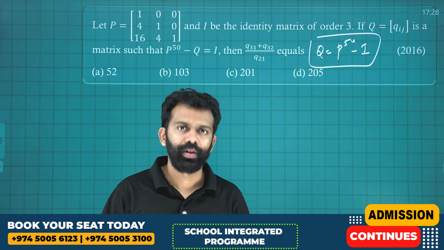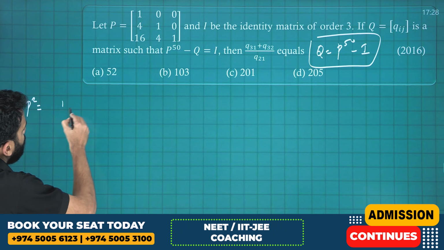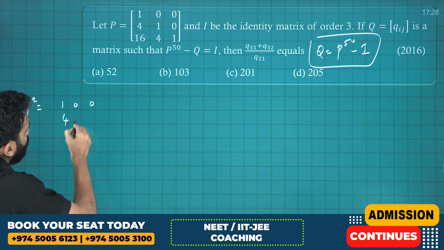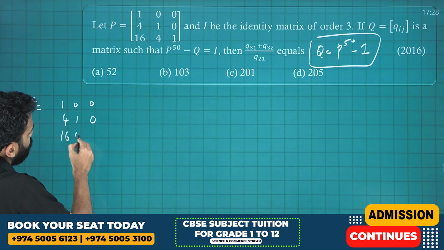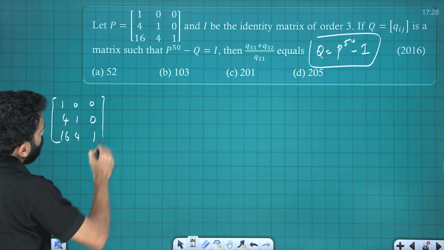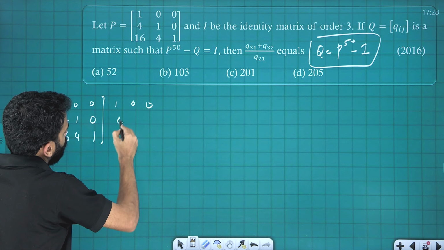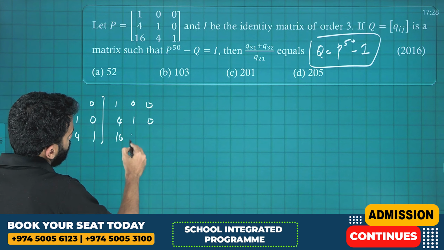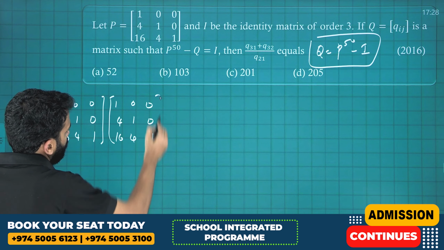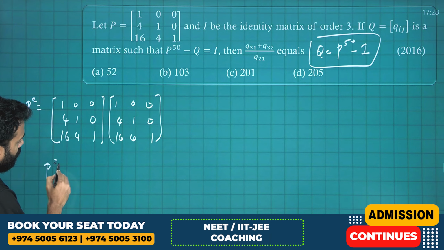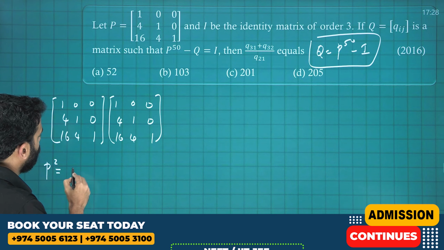Okay, so what is P square? P square is 1, 0, 0, 4, 1, 0, 16, 4, 1 into 1, 0, 0, 4, 1, 0, 16, 4, 1. Okay, that is P square is equal to, this is 1 and 0, 0, 4, 8.